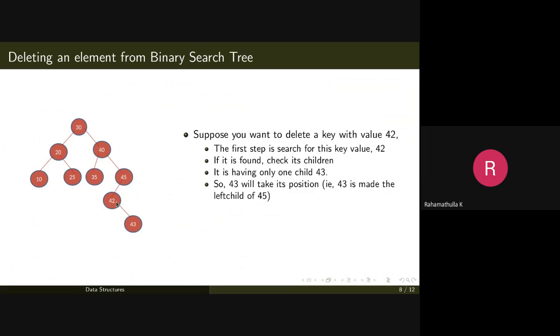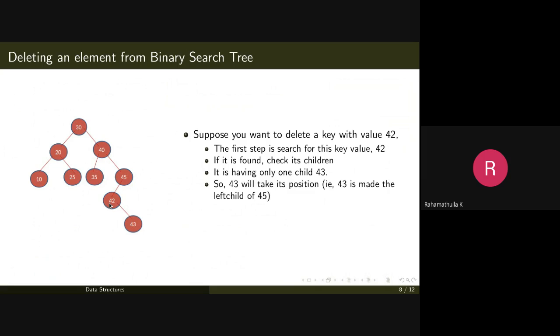You can delete this node and set this to null, but we have one node, 43, which is left at this position. So somehow we need to incorporate this. 43 needs to be used as the left child of 45 in this case. So you can do something like this. Instead of deleting this node, you can use 43 at this position, or 43 will take the position of 42.